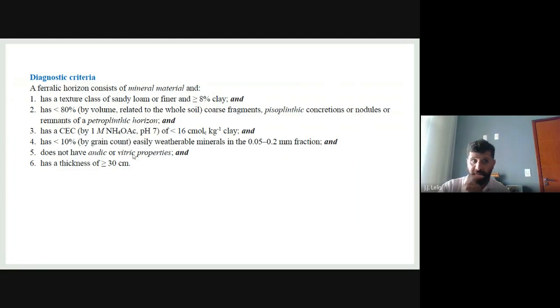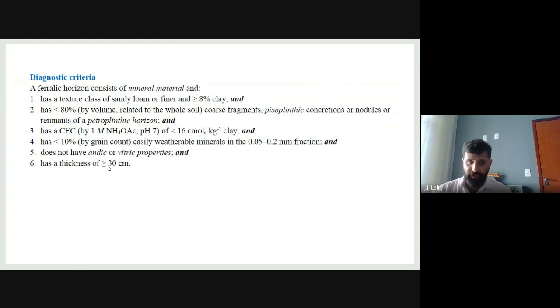So the ferralic horizon does not present a high content of poorly crystalline minerals. In general, they present well crystalline minerals like goethite, hematite, and others, and should present a thickness of at least 30 centimeters. So 30 centimeters is the minimal thickness of a ferralic horizon.